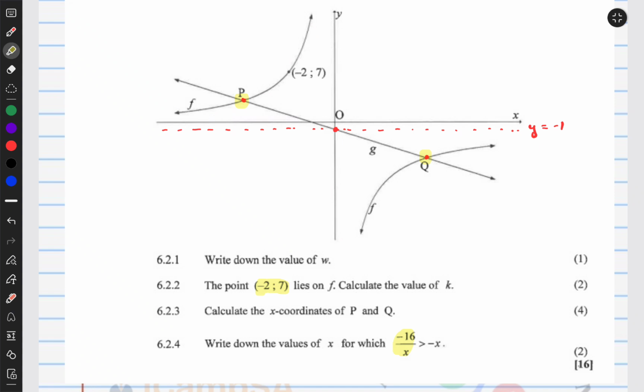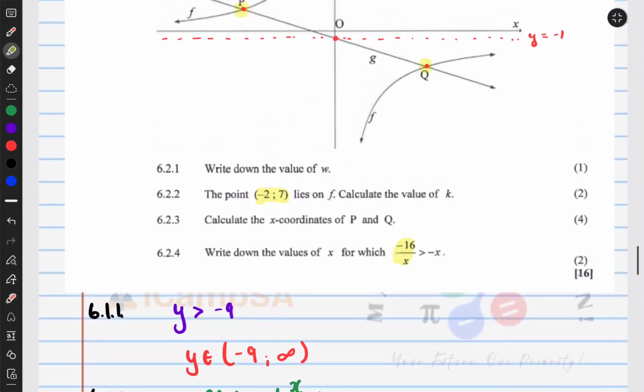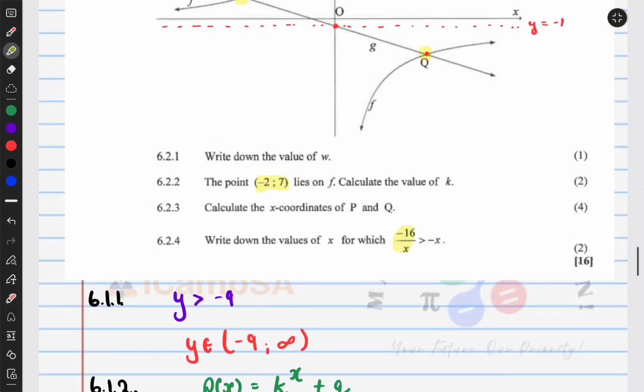Okay, I think for this one it would be simpler if we just solve for the values of x the way that we do in inequalities, because graphically it's sort of difficult to represent.